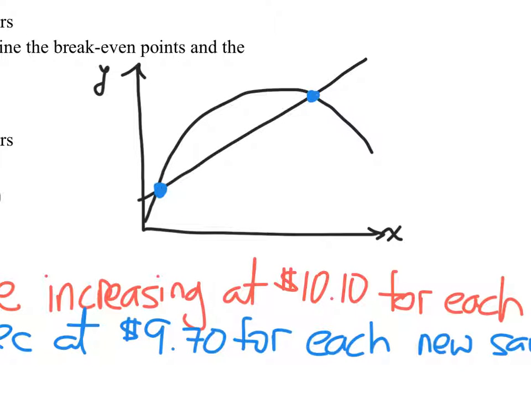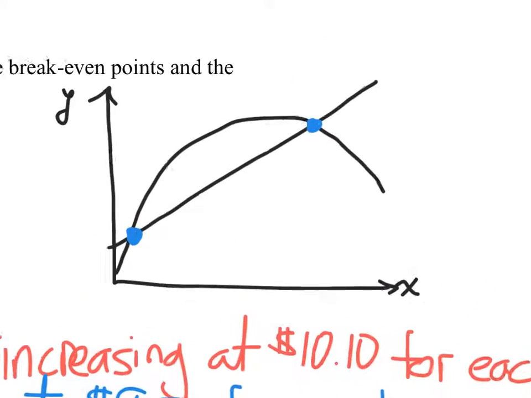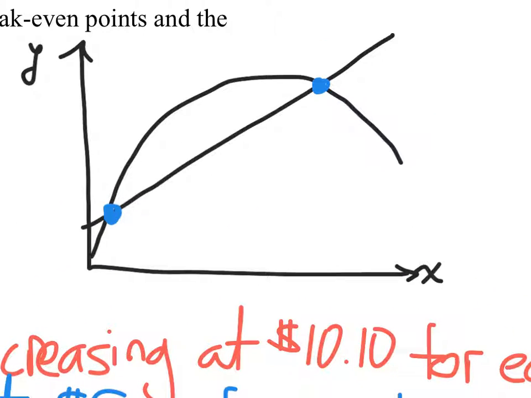So about 598.81 roughly. And 3643.62 roughly.